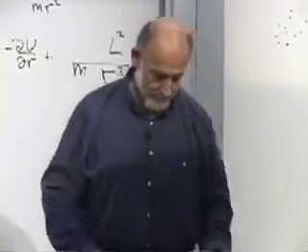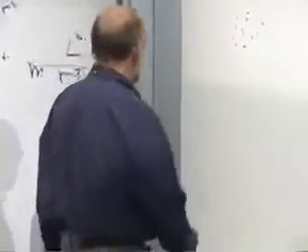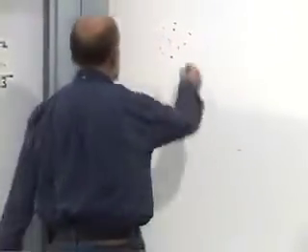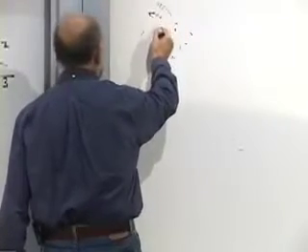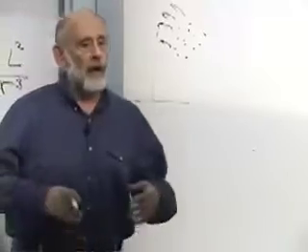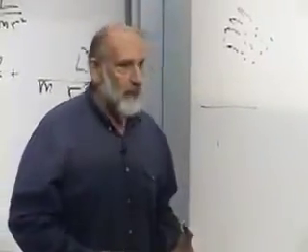Another example is to pick an origin and rotate everything relative to that origin by the same angle, moving all the particles by the same angle, and start the system over.